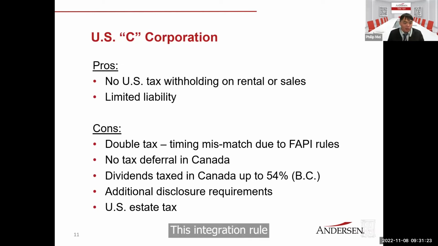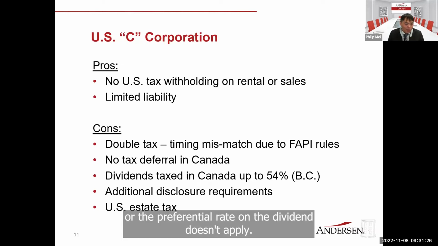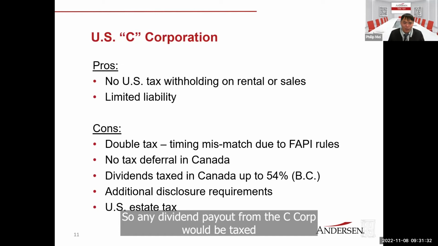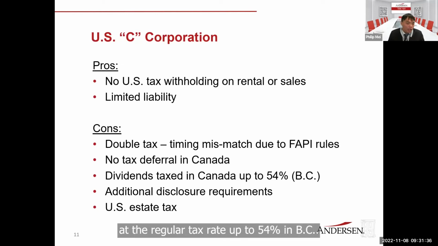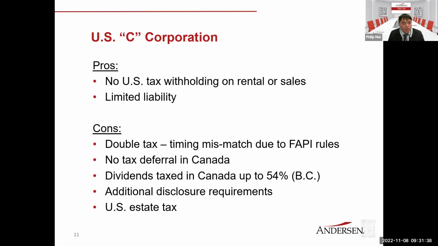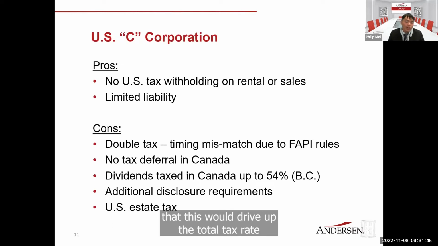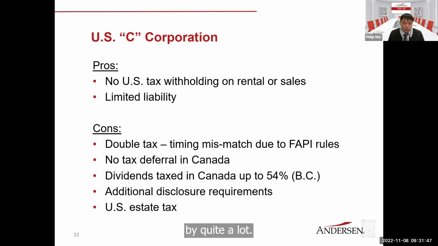This integration rule, or the preferential rate on the dividend, doesn't apply when the dividend is paid from a foreign corporation. So any dividend paid out from the C corporation would be taxed at the regular tax rate, up to 54% in BC. As you can see in the summary in the next slides, this would drive up the total tax rate by quite a lot.